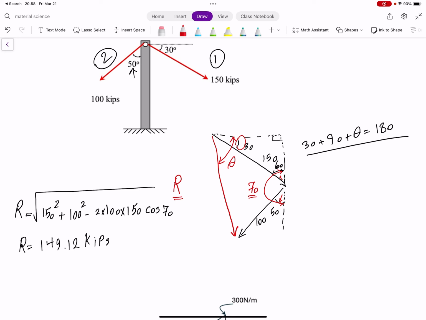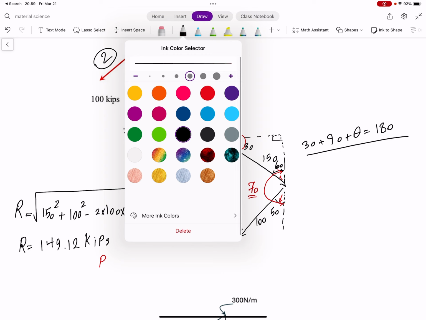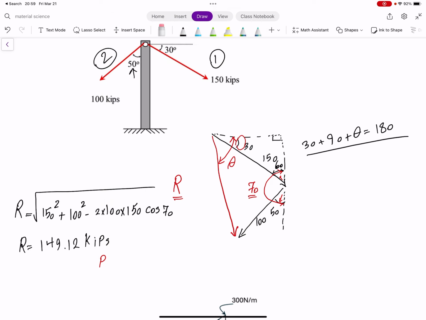So we use the sine law, which is R divided by sine 70 equals, since I'm finding theta, I should use that 100 side, sine theta.